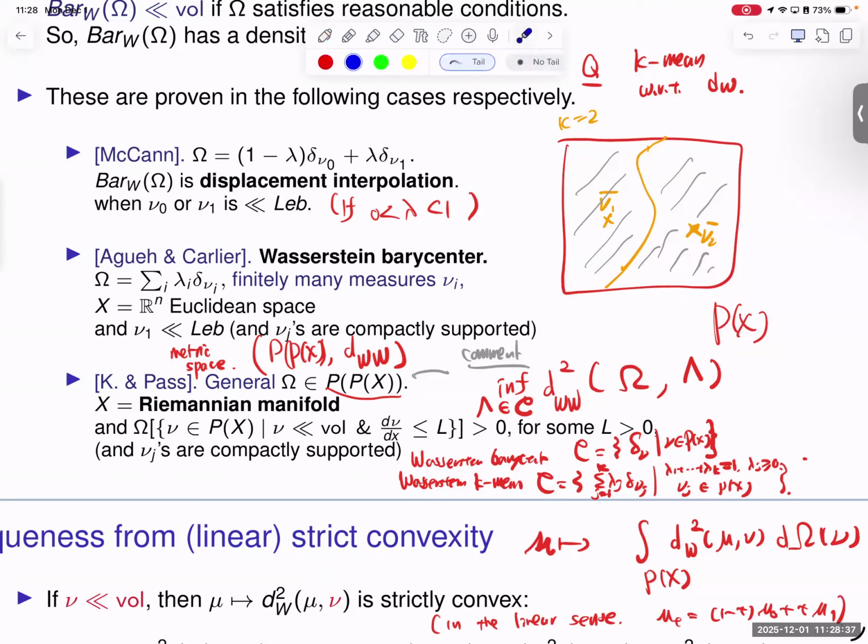Regarding this convex combination in the linear space, one can prove that this function is strictly convex if nu is absolutely continuous.